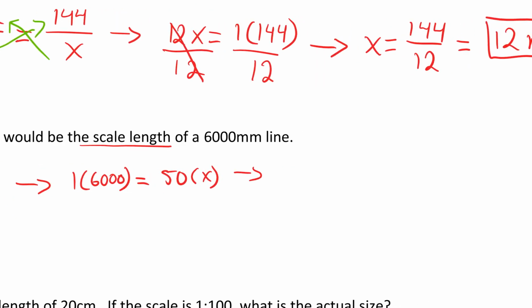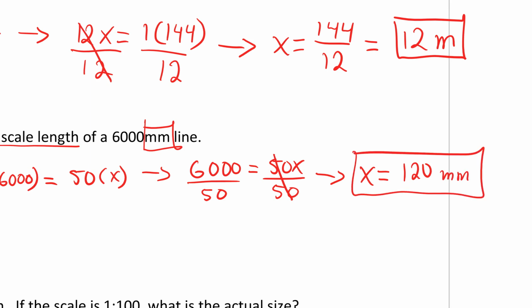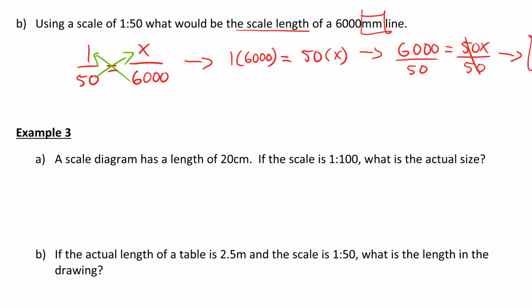Take this further, we have 6,000 equals 50x. We need to get x by itself, so divide by 50 and divide by 50, canceling it off. So we get 6,000 divided by 50, so x is going to equal 120, and our unit that we looked at here was millimeters. So 120 millimeters.